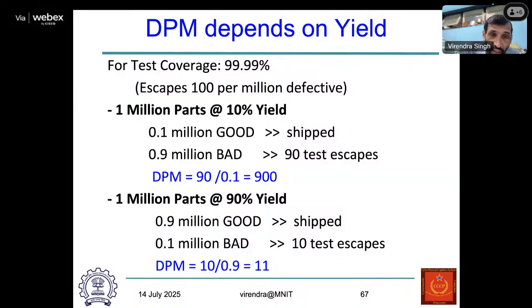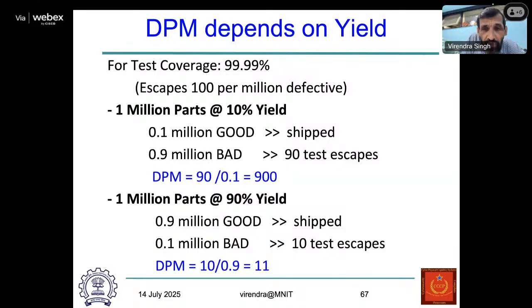So if I have 1 million parts and my yield is 10%, then 1 lakh chips are good and 9 lakh chips are bad, because my yield is 10%.